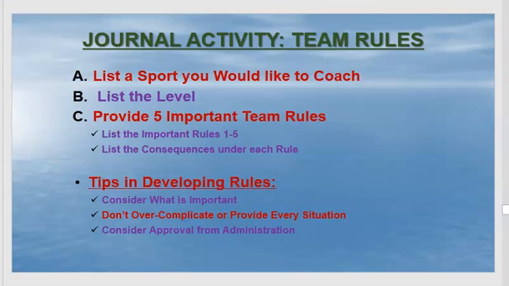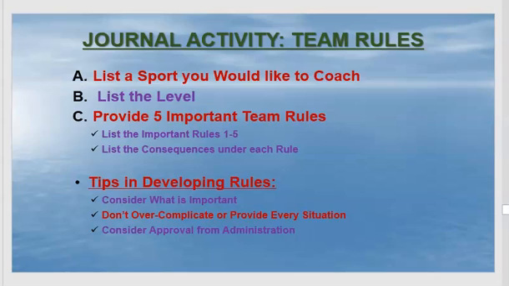Here's some tips on developing rules. If you develop 5 team rules, consider what's the most important to you and your program, and those should be what your 5 rules outline. Don't overcomplicate or provide every situation. Have your important rules only. And then consider if you were getting this approved by a principal or athletic director, do you think they would approve that?